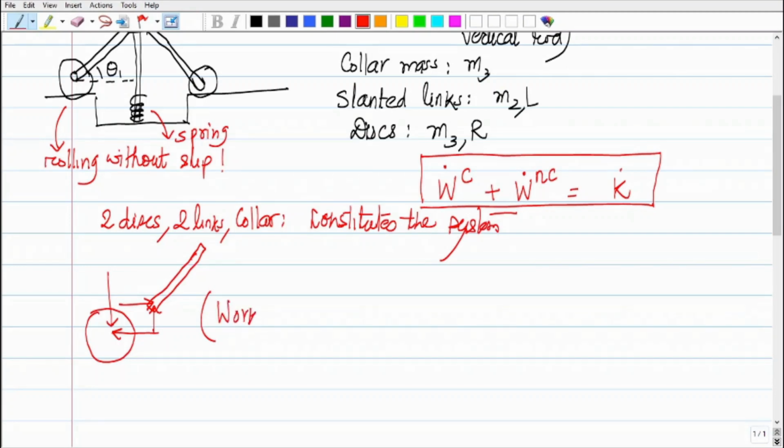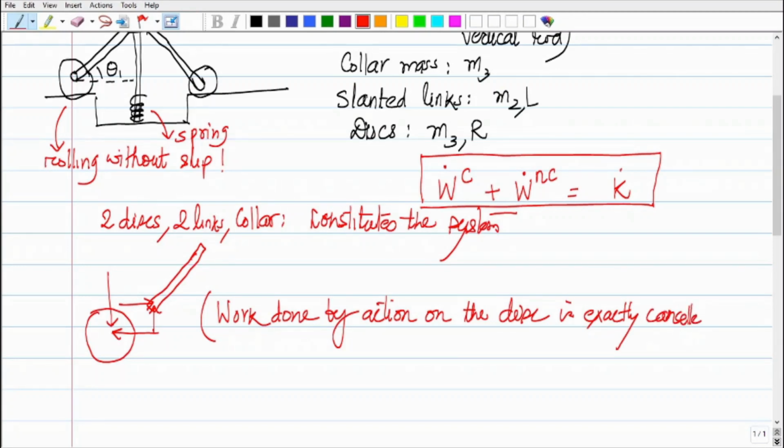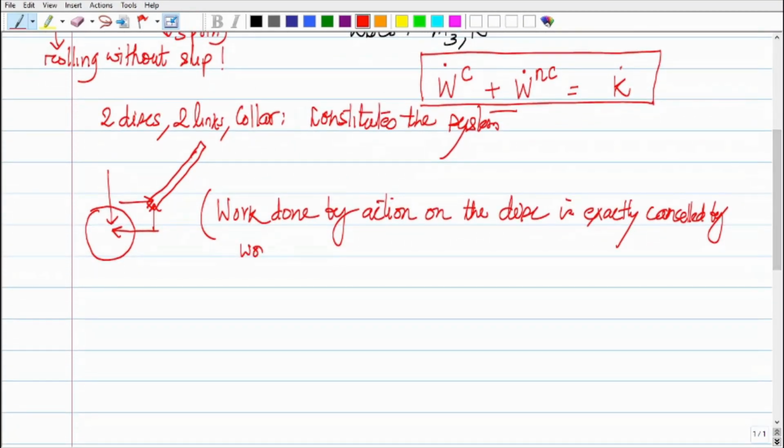So work done by action on the disk is exactly cancelled by work done by reaction on the link, isn't it?